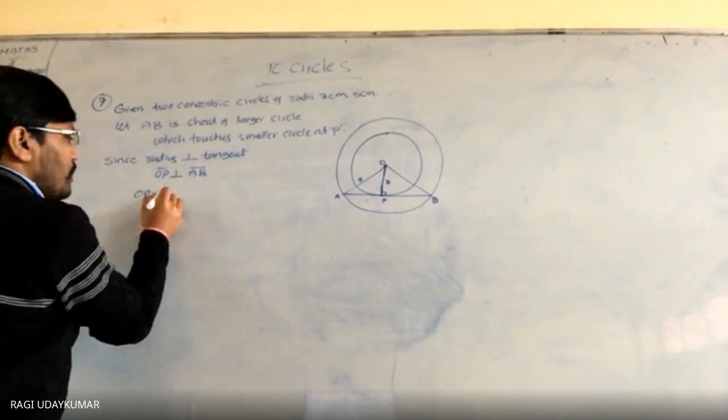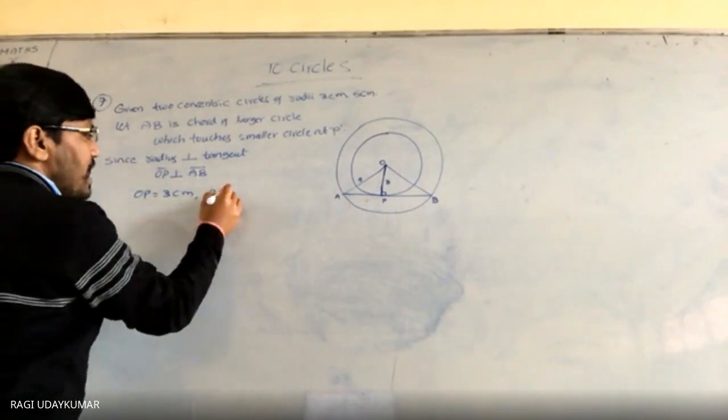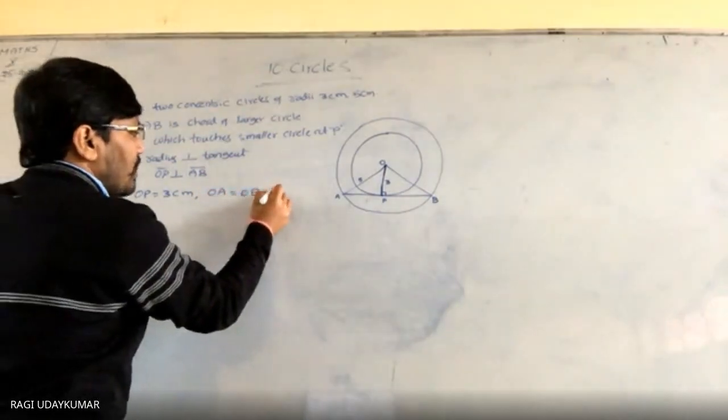And OP is equal to 3 centimeters, OA is equal to OB is equal to 5 centimeters.